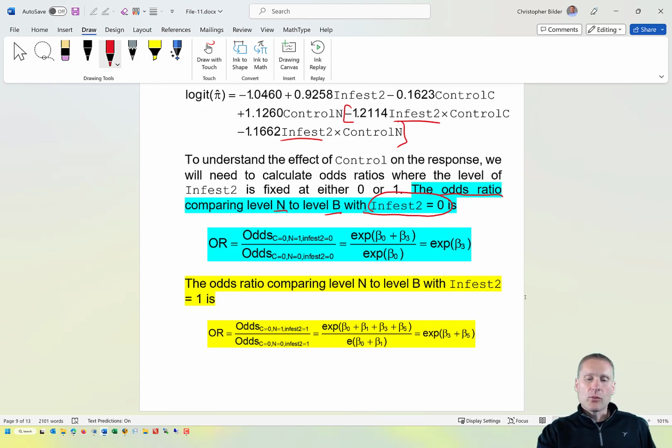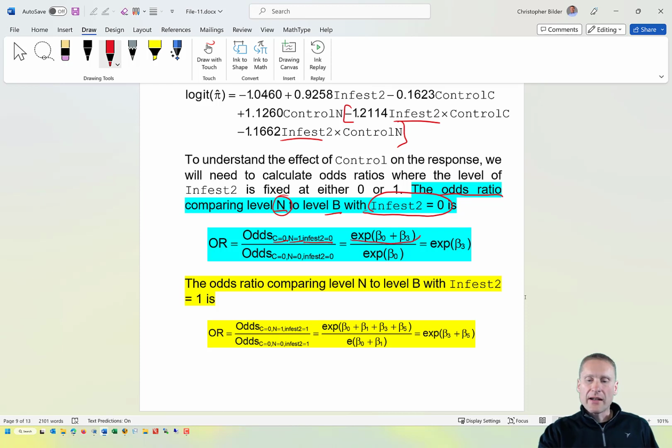So my odds ratio then for level N of control will be found like this. I take the odds of a success, or odds of infection in this case, where C is equal to 0, N is equal to 1, meaning I only have the N level, infest2 is equal to 0.